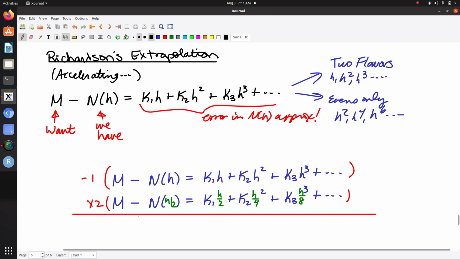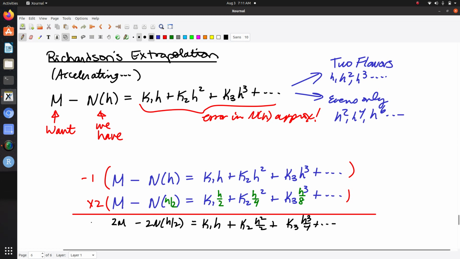So I'm going to figure out what this looks like when I multiply by 2. It's going to be 2M minus 2N of h over 2 is k1 h. We did this so that we could subtract, so don't be too surprised about that one. Then k2 h squared over 2 plus k3 h cubed over 4, and so on and so forth.